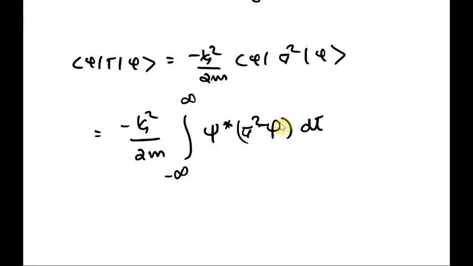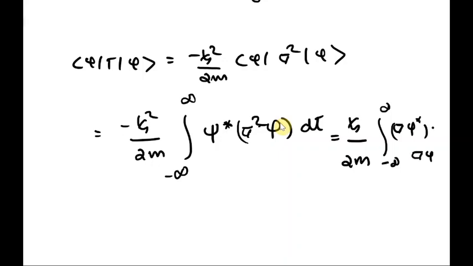This is something that you're supposed to calculate. Instead of calculating that, you can use for this quantity minus h cross square by 2m, integral minus infinity to infinity, you can write h cross square by 2m integral minus infinity to infinity psi star. Instead of that, you can write del psi star dot del psi.